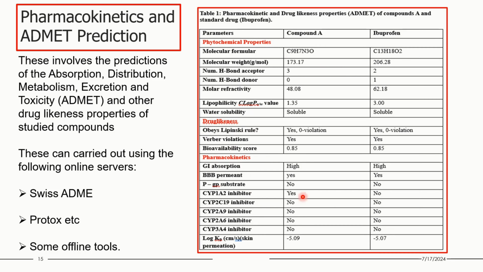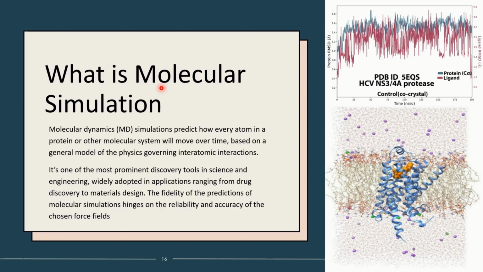So this is an example of a table that helps you summarize the drug likeness property of your compound or your synthesized product, which needs to be attached to your work after performing docking and all that. When you go through it, you see the different properties of this particular compound.